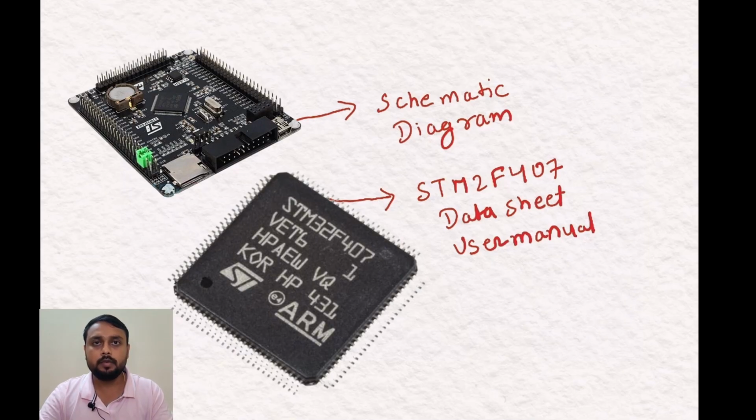Those details we will get from the schematic diagram, like which LED is connected to which port, which switch is connected to which port. All these details are present in the schematic diagram. The second document we need is the microcontroller user manual and its datasheet. Since this black board is using the STM32F407 microcontroller, we need the user manual and datasheet for this microcontroller.